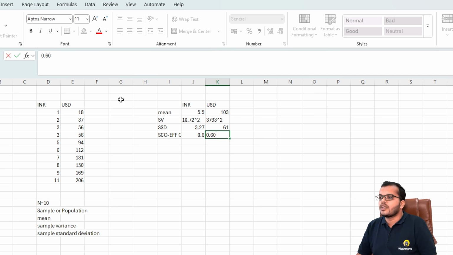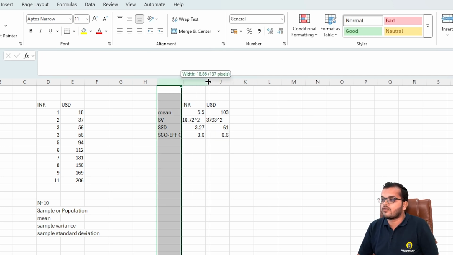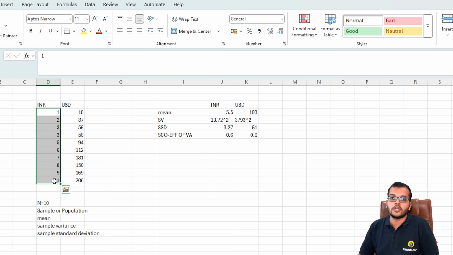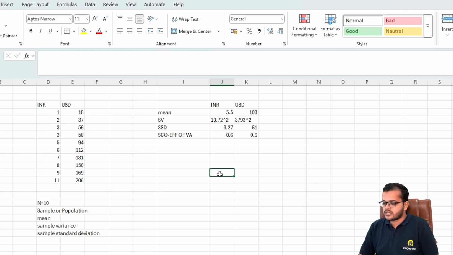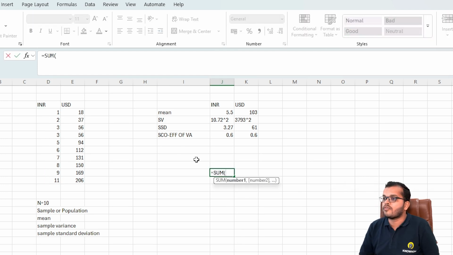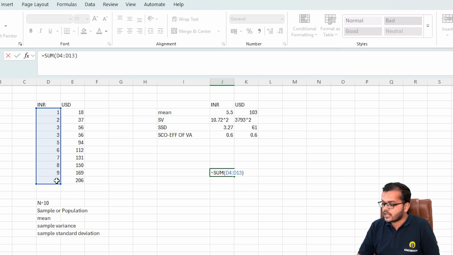If you are confused about how to calculate the mean, it's very simple. We just add all these values and divide by the number of intervals.